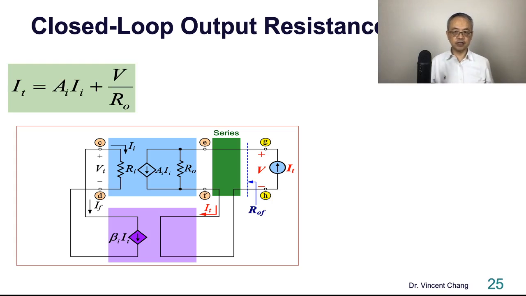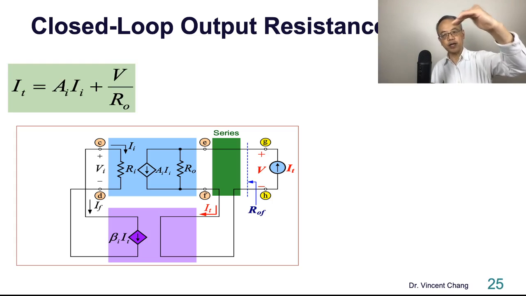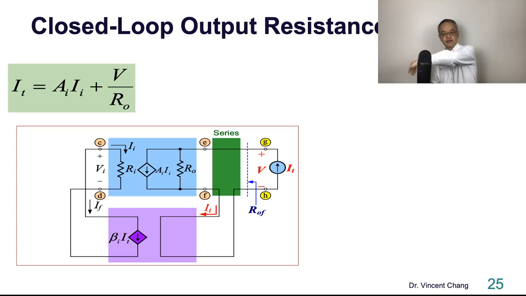In this case, the IT equals what? These two currents. The first one, V divided by RO, Ohm's law, and then A II. Because your goal is to find out the V divided by IT, you have to replace the II.